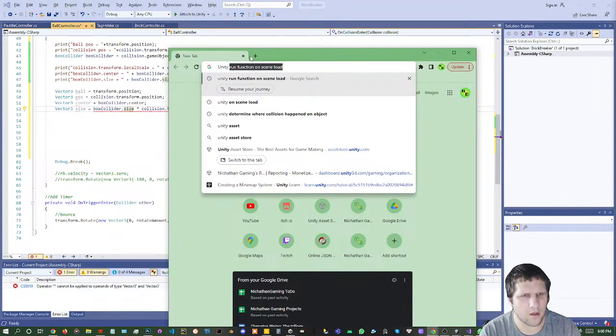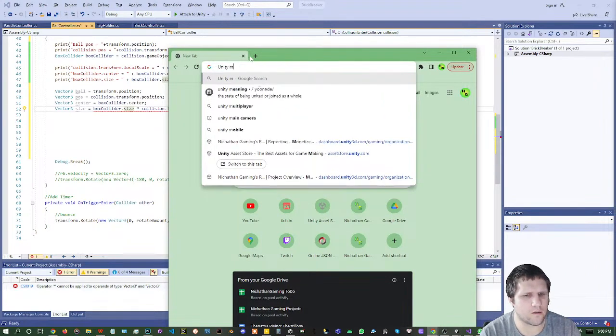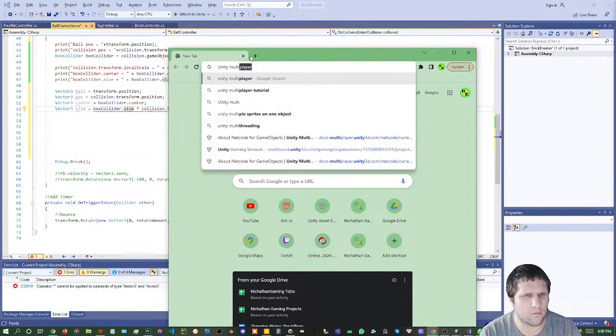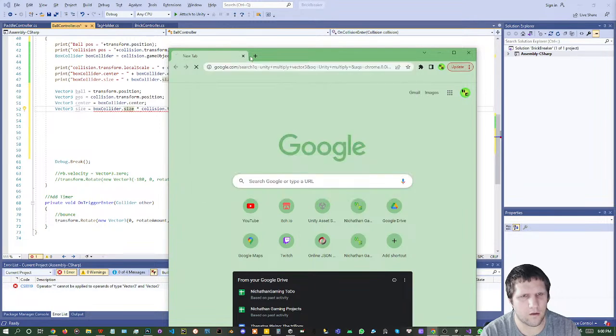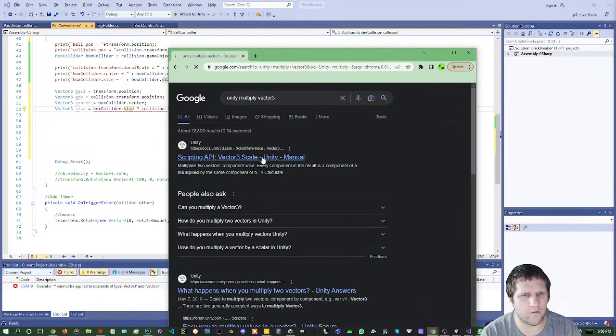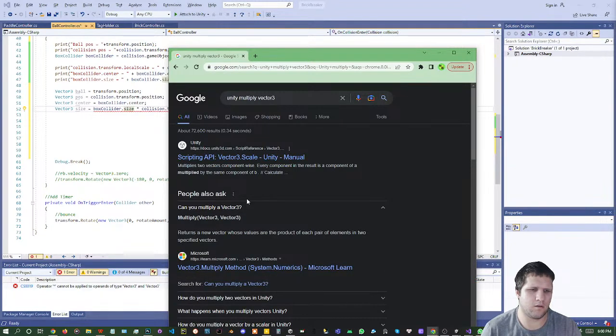So let's say Unity multiply vector 3. Okay. So let's try that.